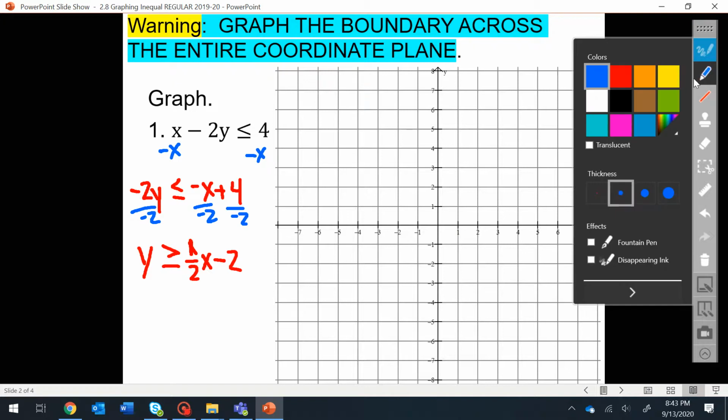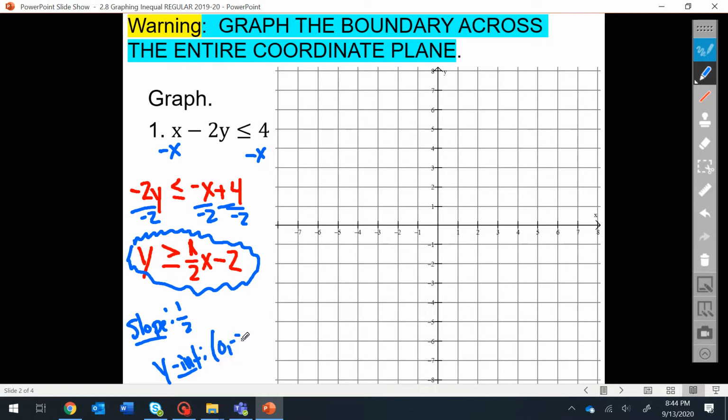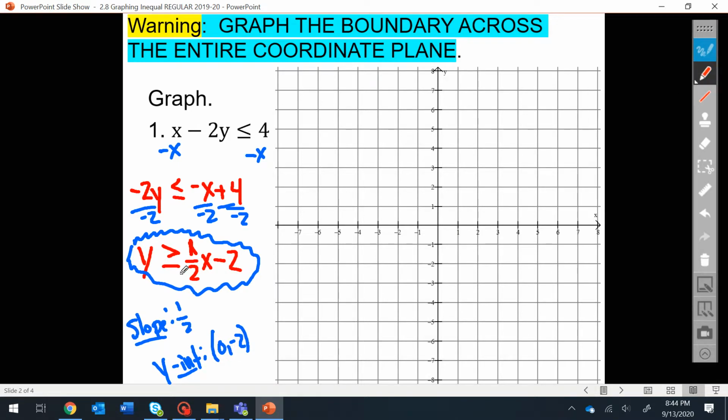Alright, so our line that we're going to graph is right here. And we have a slope of 1/2, and we have a y-intercept of 0, negative 2. And then for the shading, the symbol is opening towards the left, and it's got a line under it.